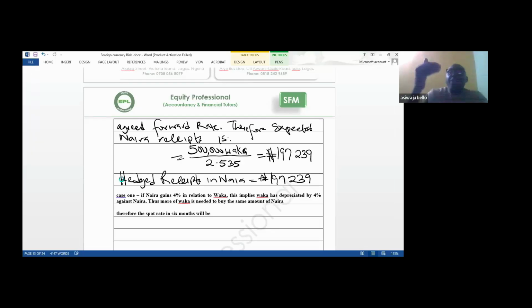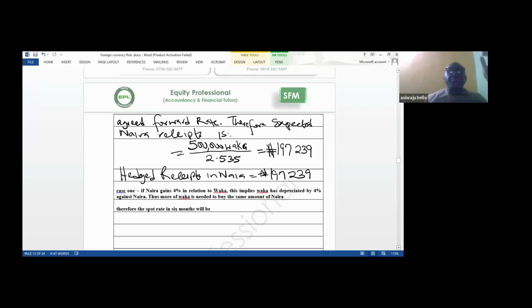We now move to the other aspect. We need to determine the exchange gain or loss. Examiner says you are required to calculate the exchange gain or loss as a result of hedging. If in 6 months' time, Naira gains 4%, we have 3 scenarios.